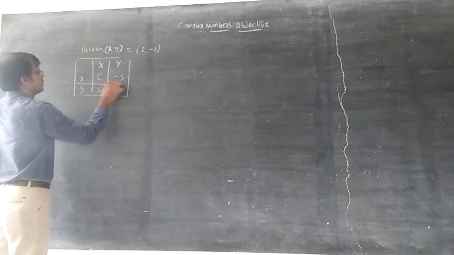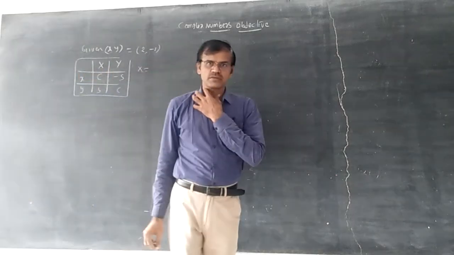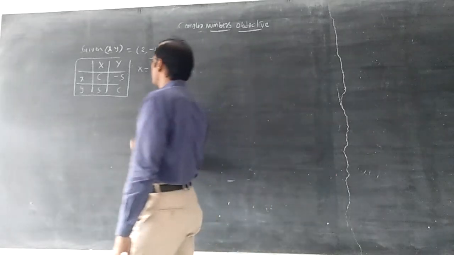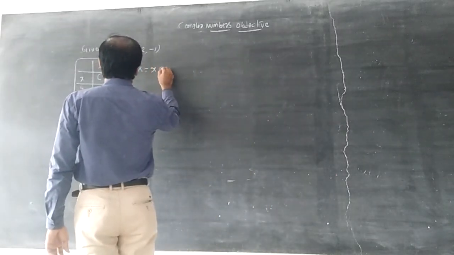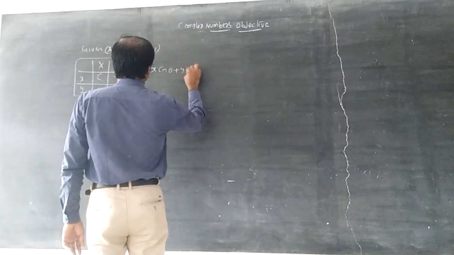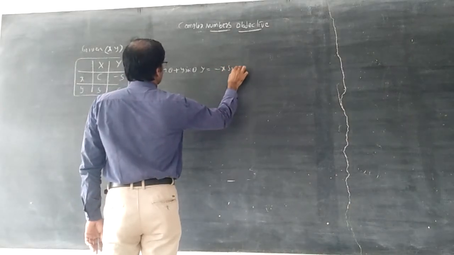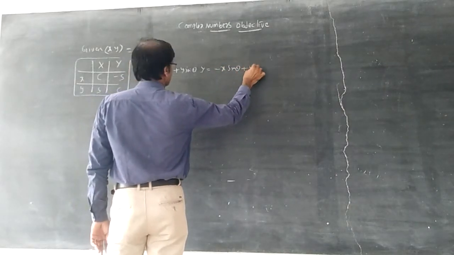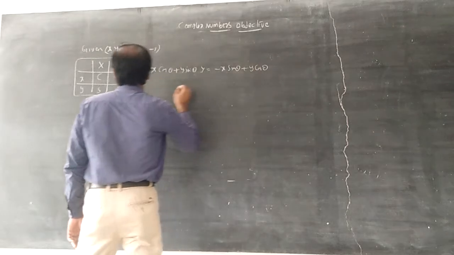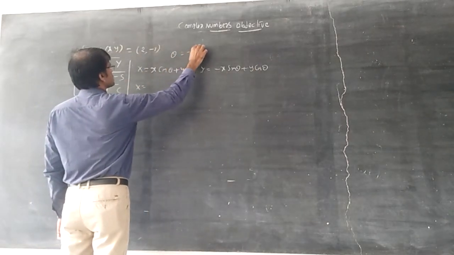We need to calculate the new point. Capital X is equal to small x cos theta plus y sin theta, and capital Y is equal to minus x sin theta plus y cos theta. Here theta is equal to minus 90.